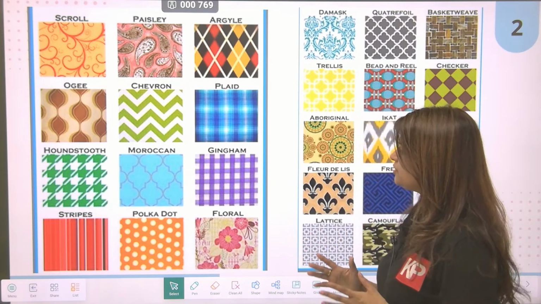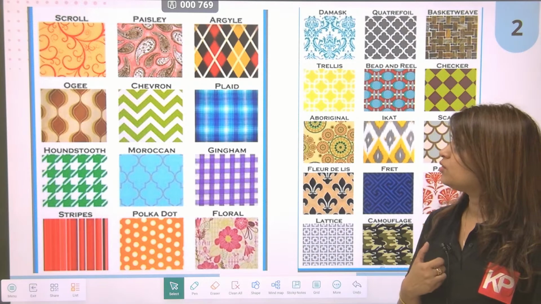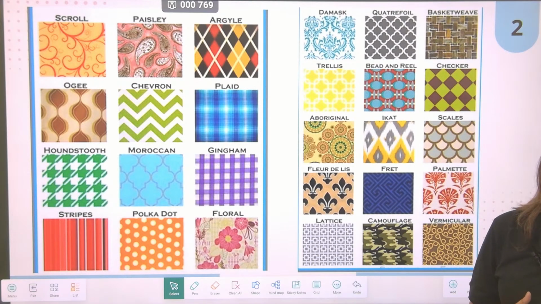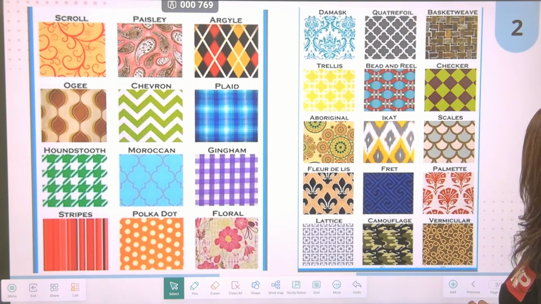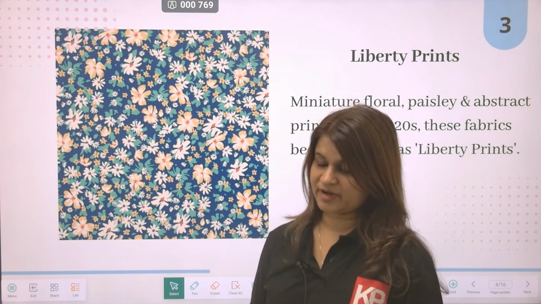Okay, now you can see there are various prints available and उनके बहुत ही unique नाम हैं, जैसे कि plaid हो गया, chevron हो गया, scroll, paisley, polka dots, camouflage, etc. So today we will be looking at a few of those textile prints, right?